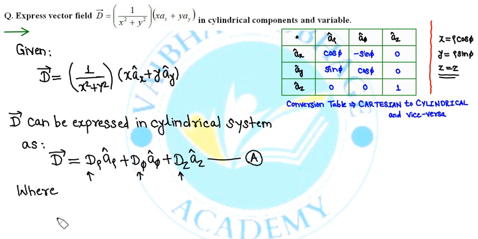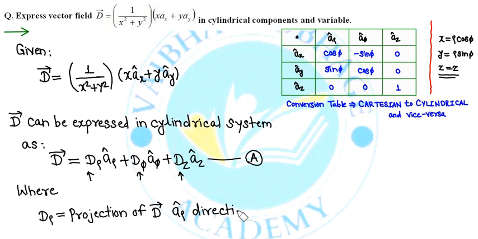So D rho is nothing but what? D rho is said to be the projection of your given vector D in the a rho direction. I missed something over there.